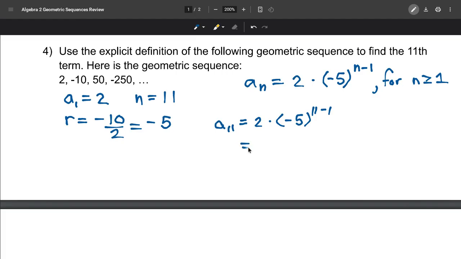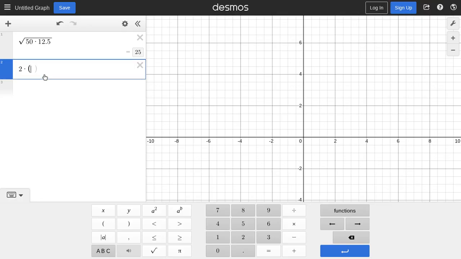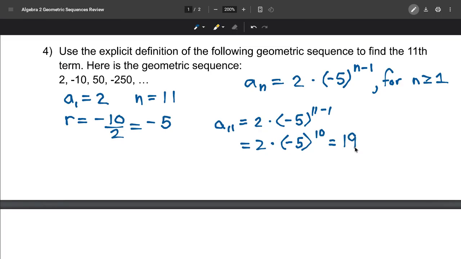So that's going to equal 2 times negative 5 to the 10th power, which is going to be 19,531,250. So that's my solution to that one. Let's keep going.